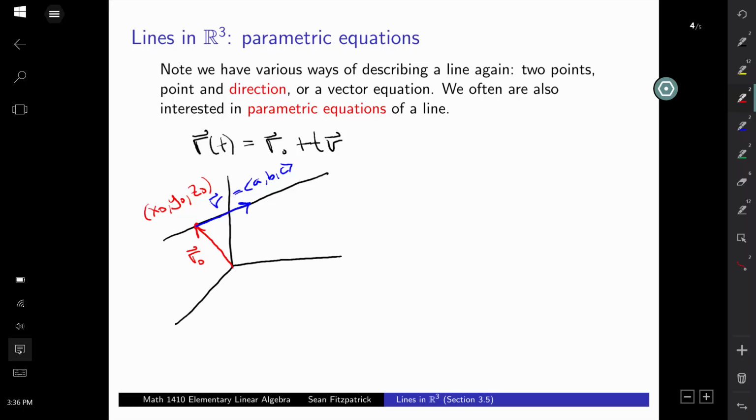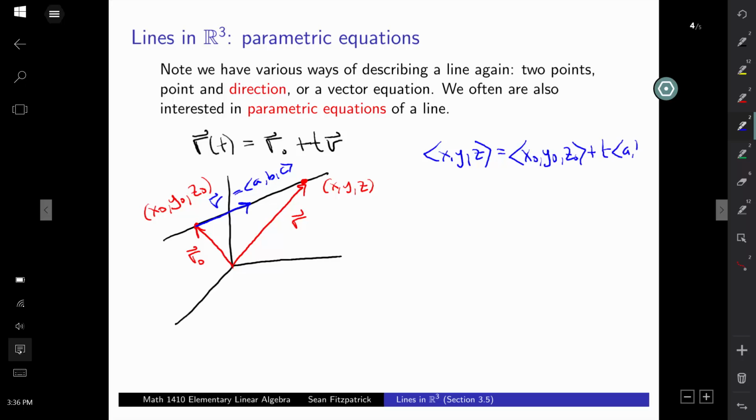And so if I have some other point on the line, so here's a point X, Y, Z, and we let R denote the position vector for any other point x, y, z on the line, then we have that x, y, z is equal to x naught, y naught, z naught plus t times a, b, c.